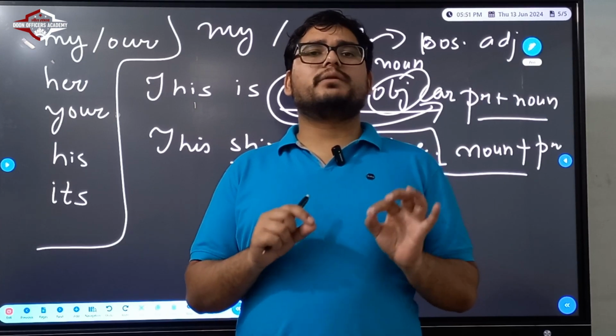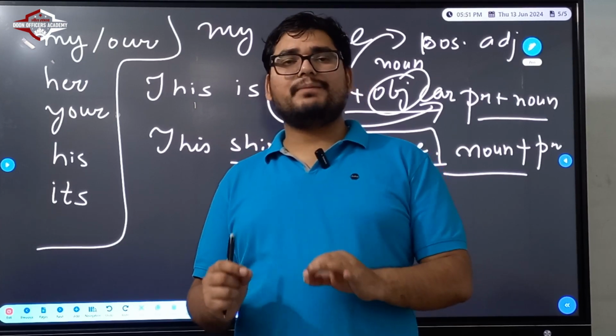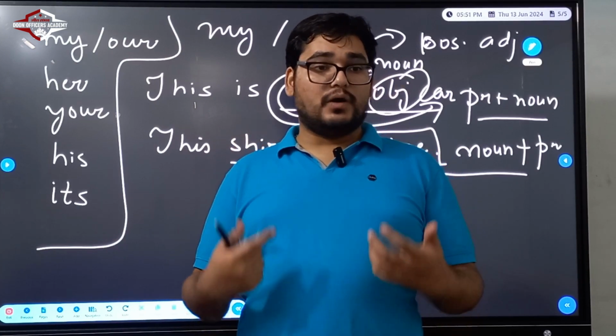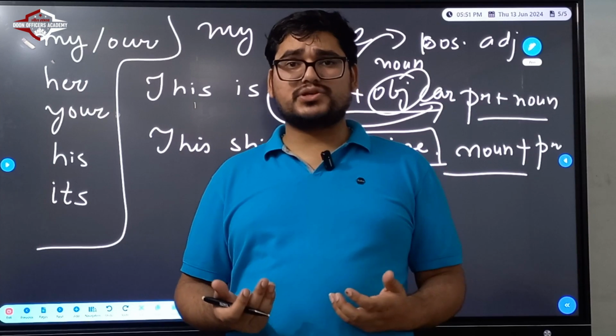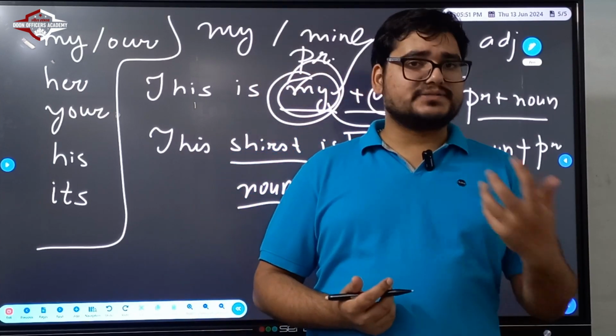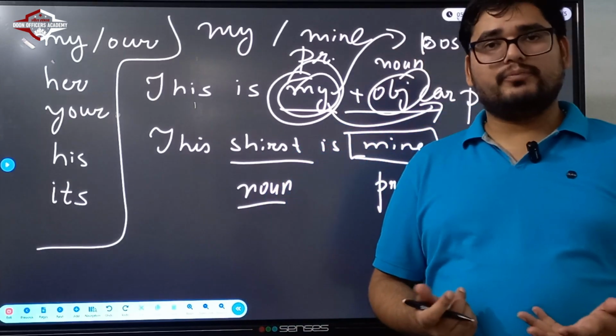To avoid the repetition of its proper name, to avoid the awkwardness of the situation, we give the person a specific word, a temporary name, and those are called your pronouns.